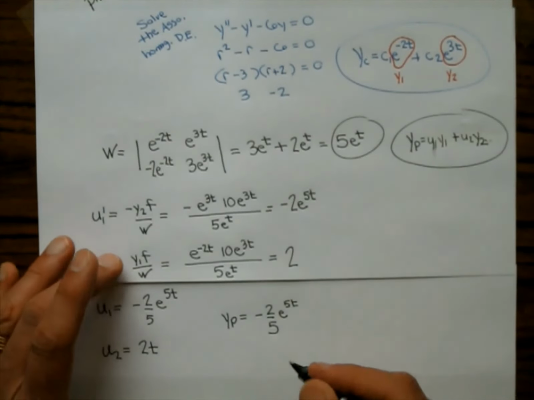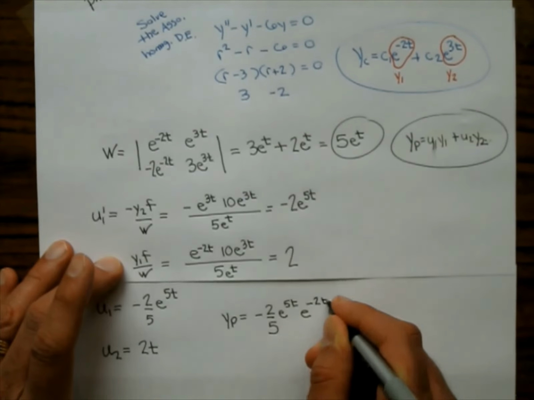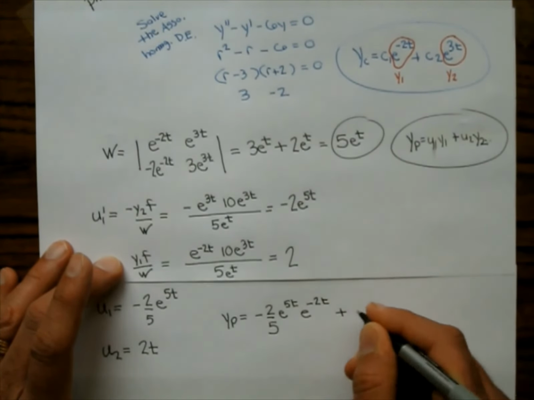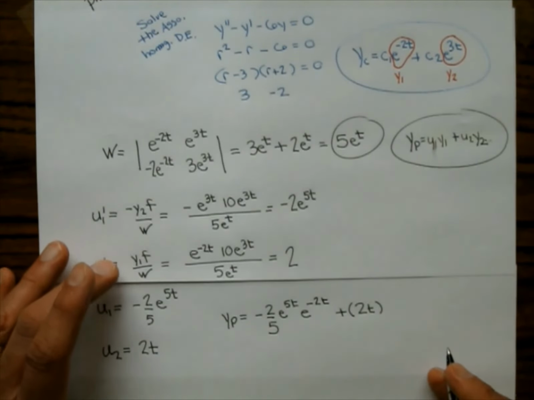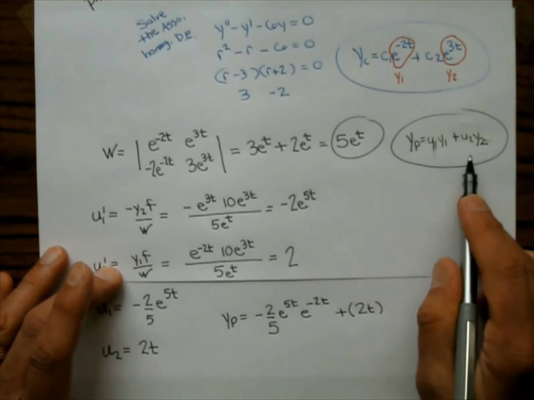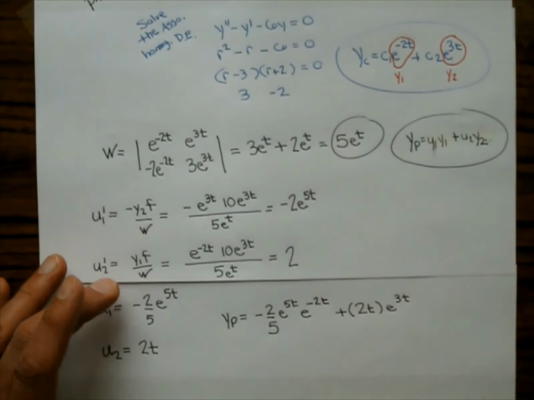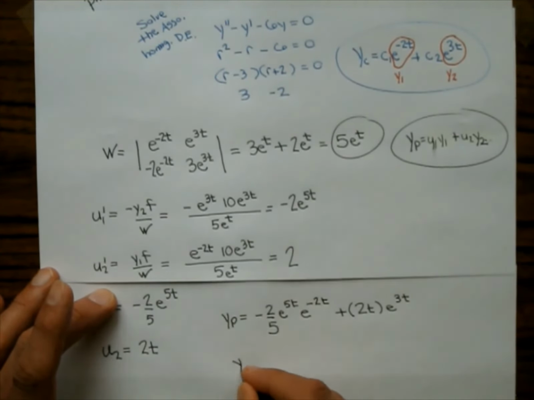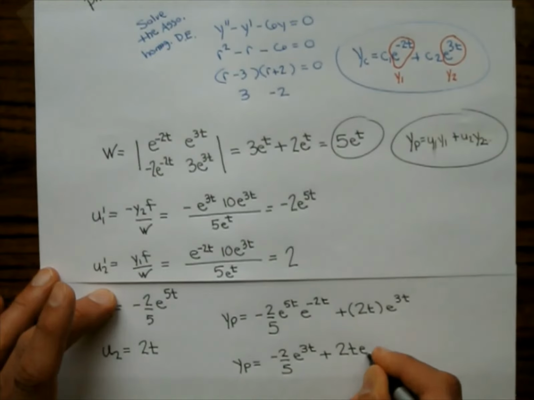So u1 y1. y1 is e to the negative 2t. And then we have plus u2 y2. y2 is e to the 3t. So what is this? Y sub p equals negative 2/5 e to the 3t plus 2t e to the 3t.